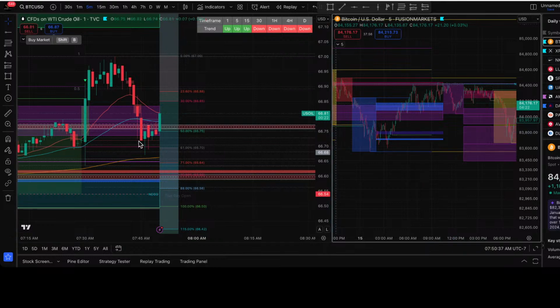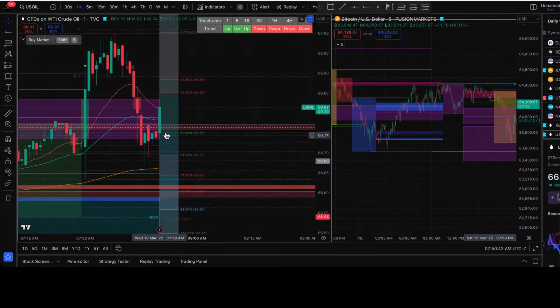So oil is now rejecting. We still have not got a 1M fair value gap. We want a bullish fair value gap first. Otherwise, it could just continue dropping from here.